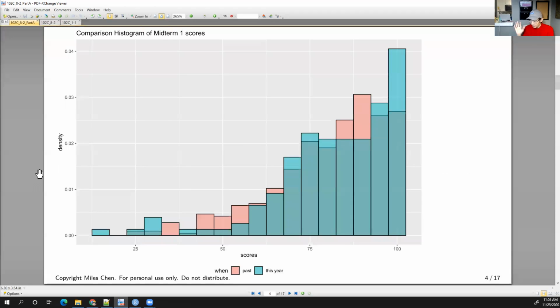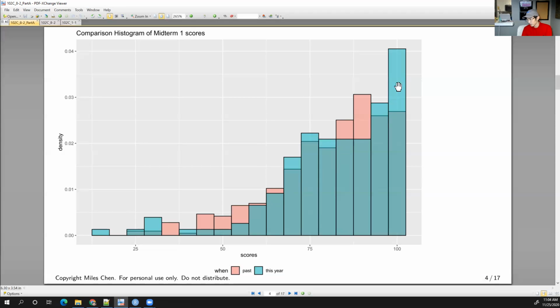Here is a histogram. The histogram of this year's midterm 1 scores is in blue, overlaid on top of the histogram of midterm 1 scores from previous years, which is basically 2018 and 2019.